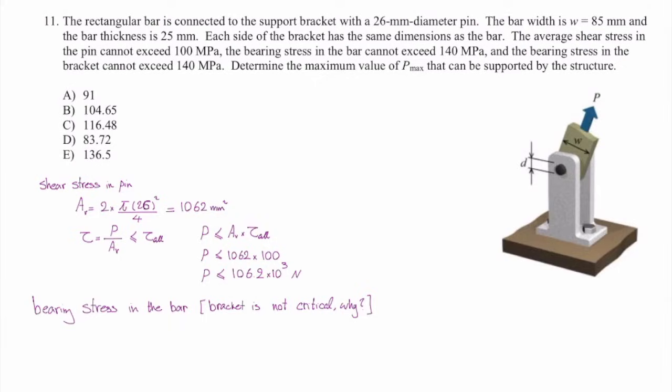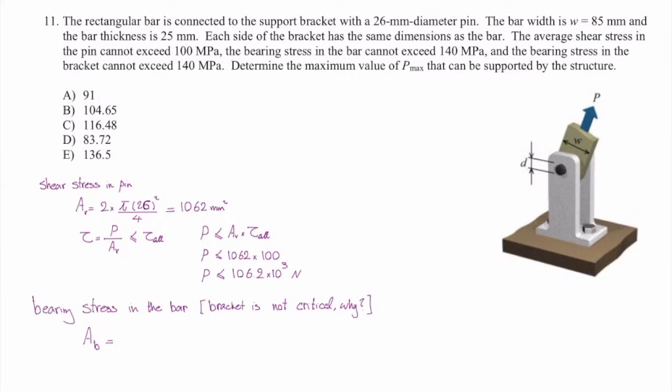But we have two brackets. So definitely the bracket is stronger than the bar. So I need to design the bar because that would be controlling here. Does that make sense? So I don't need to repeat that for brackets. All right. The bearing stress is normal stress, and the value of that follows from force over area.